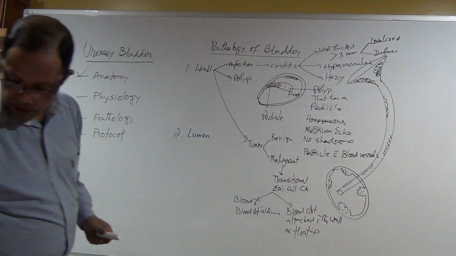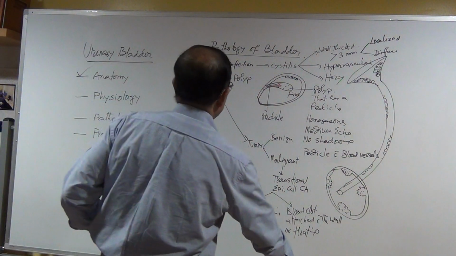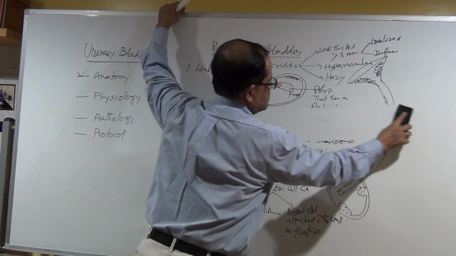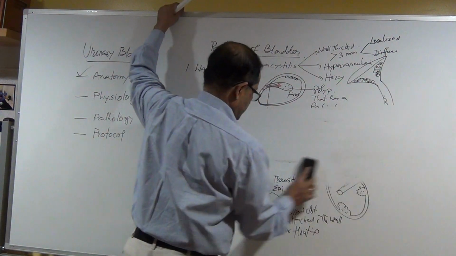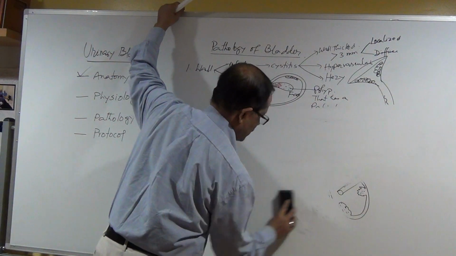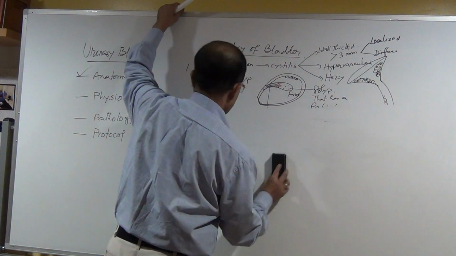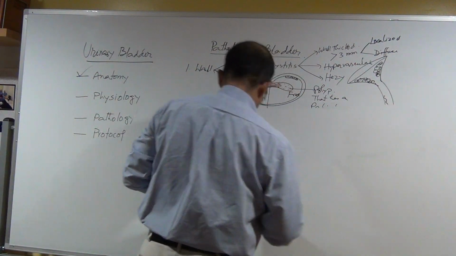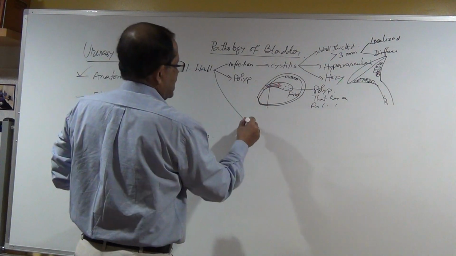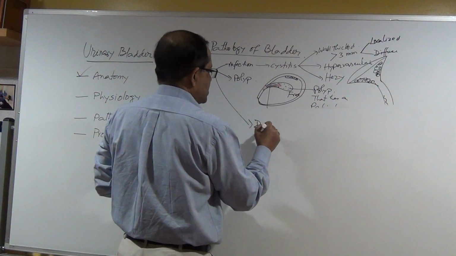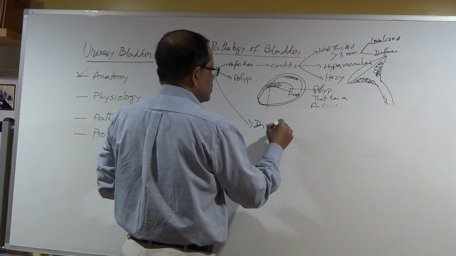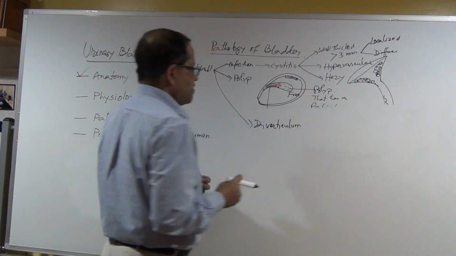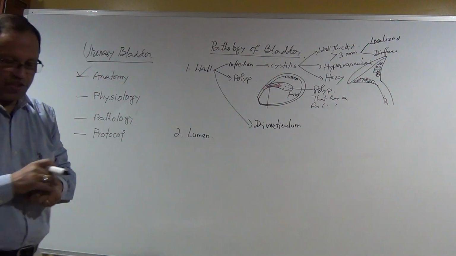Then I will talk about the, what is this called? Oh, diverticulum. Let me clean this part. The bladder wall may have a diverticulum. What is a diverticulum? This is a big challenge.